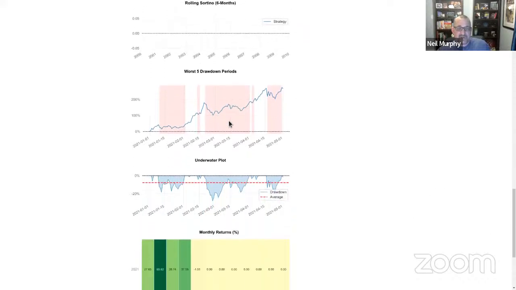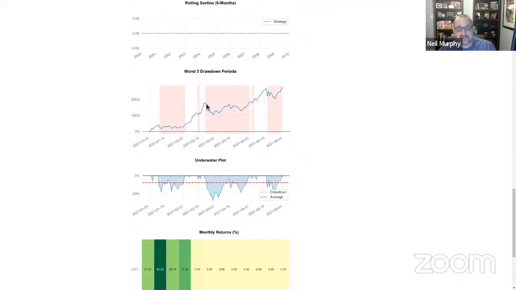But these ones here I love more than just about anything. So these two plots here, the drawdown periods and the underwater plot, show you the painful part of the back test. If you had held it, when would you have really been hurting, and what would it have looked like? So these columns that are colored here are the periods where it drops down, and then how long it takes to come back up to the same level.